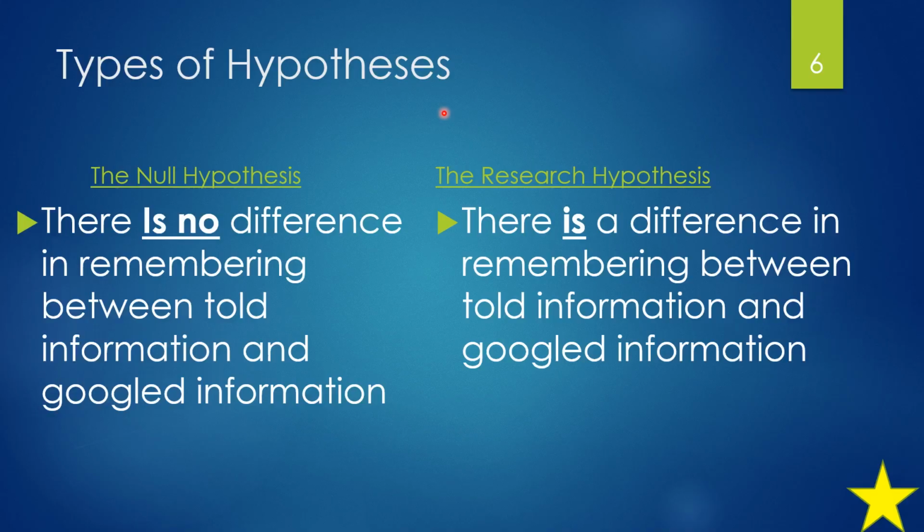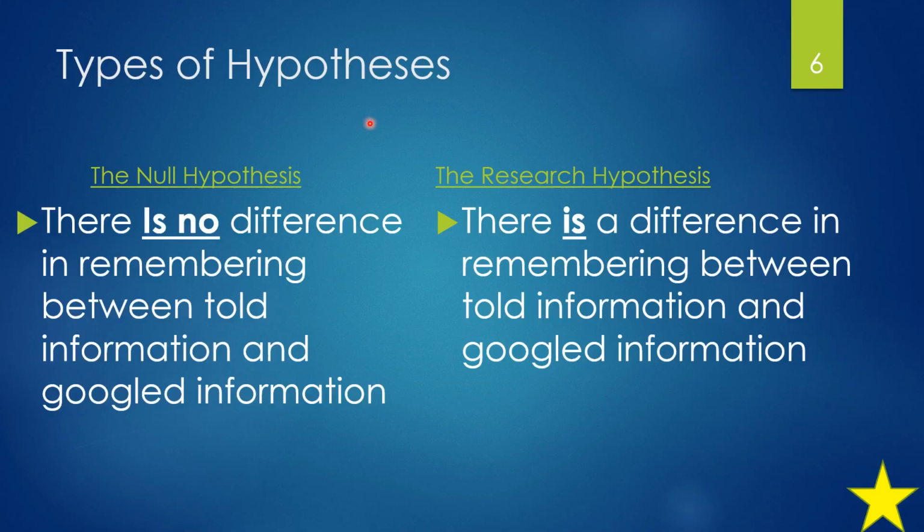Interpreting our data can be hard, and a lot of what we're going to do in research is take vague ideas like the theory that we were given and turn them into specific things we can check, that we can compare. And this is about as specific as we're going to get, the null versus the research hypothesis.